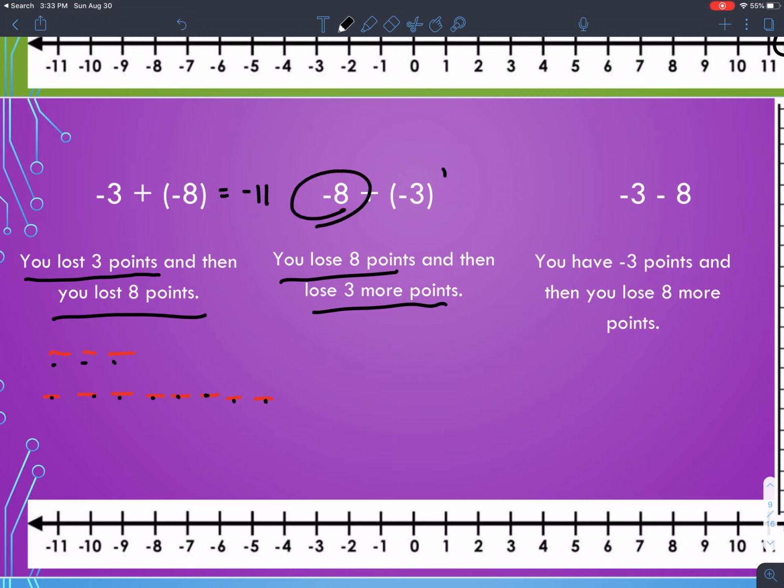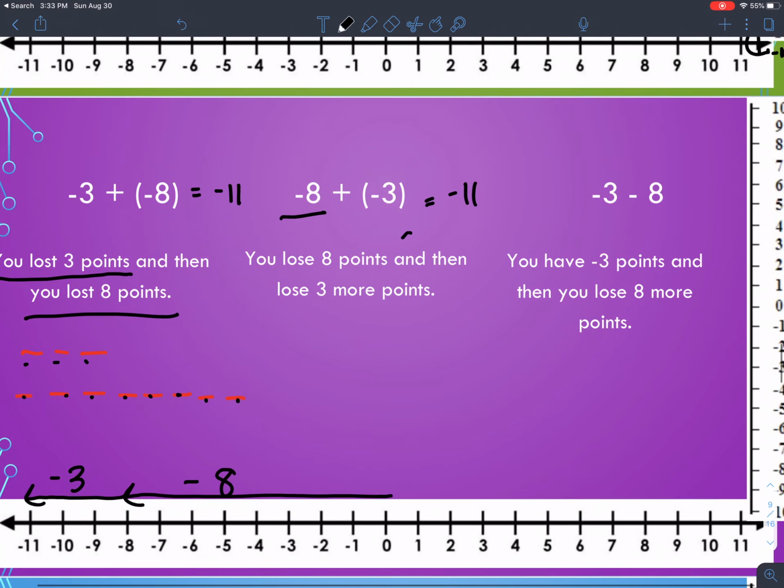So there's a loss of 8 and a loss of 3. This can be written on the number line like a loss of 8, down 8, and a loss of 3, so a loss of 3 more points. We land at negative 11 still.